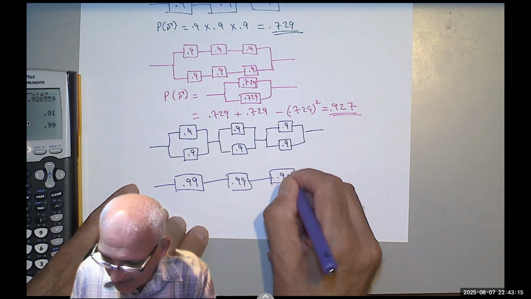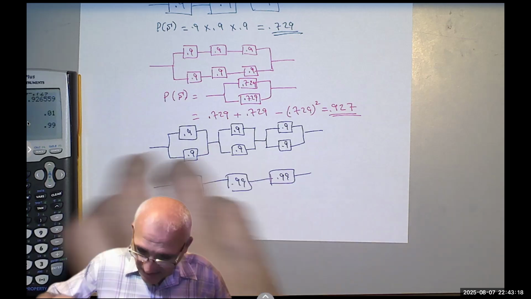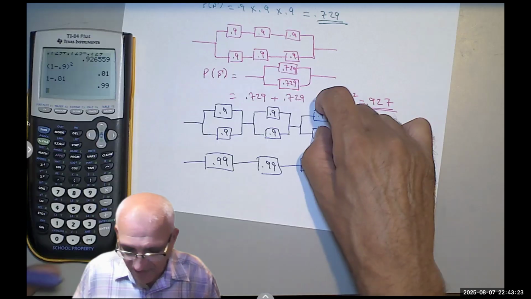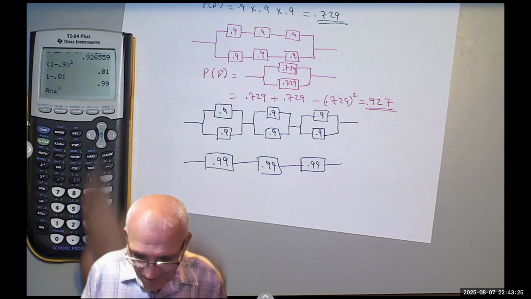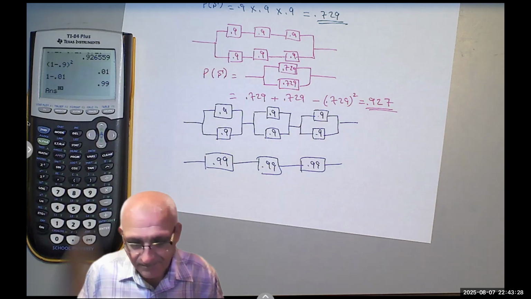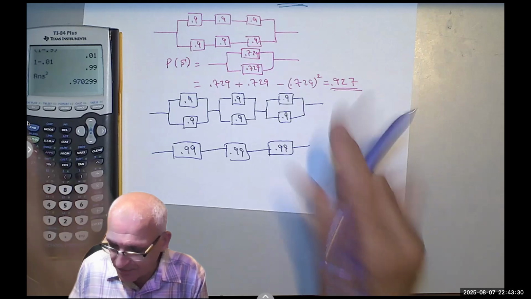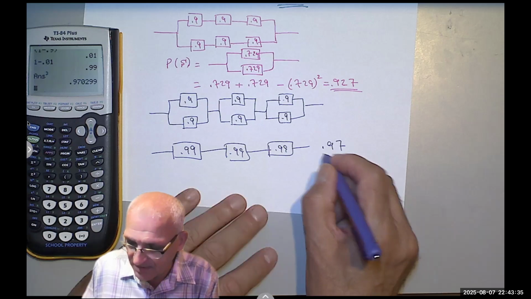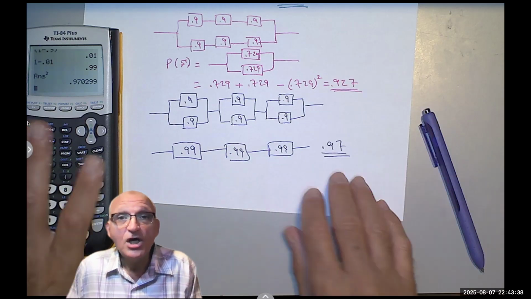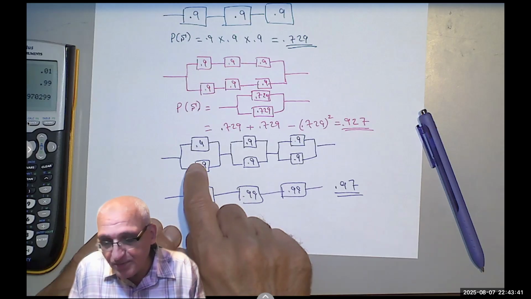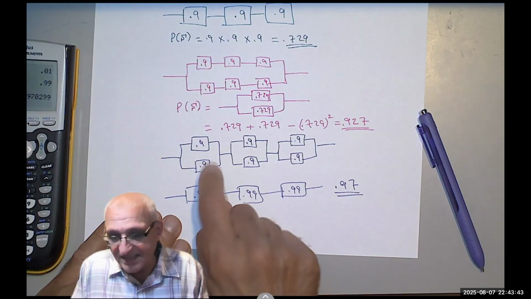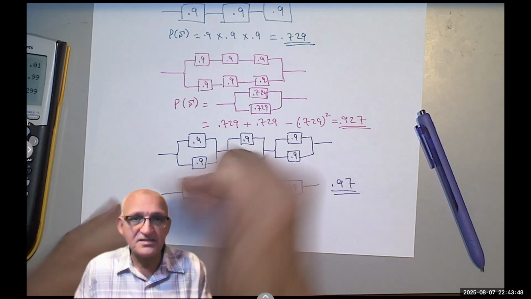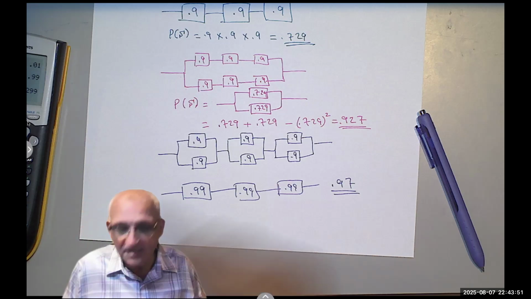So the probability that the system survives is the first module survives, and the second survives, and the third survives. So it's this number to the power of 3, 97%. So this turns out to be more reliable than that, even though here I use six modules, and here I use six modules.